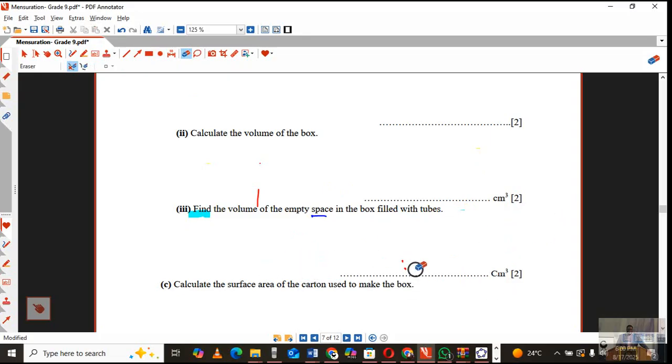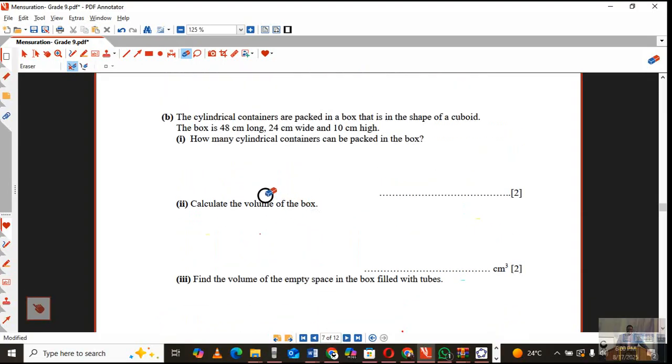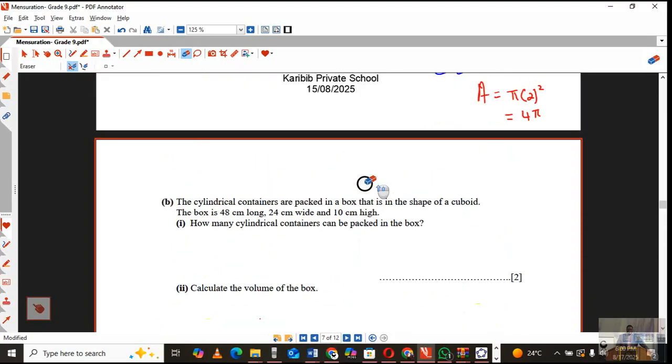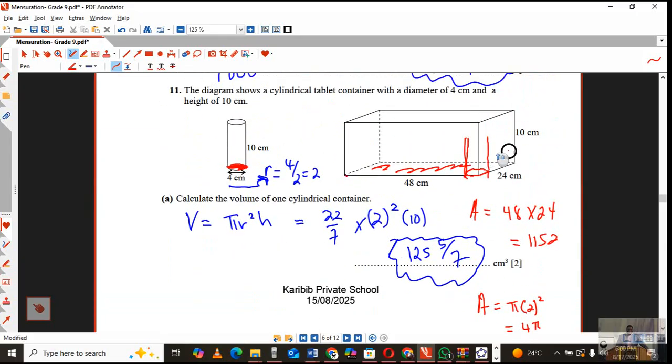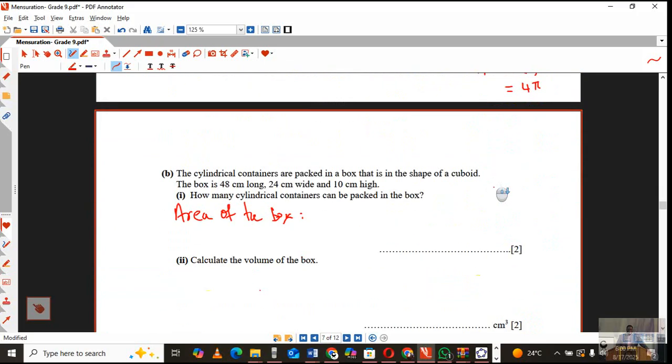So let's just take it step by step. First we find how many cylindrical containers can be packed in the box. Well, we take the surface area of the box at the bottom, where these things will obviously be standing. Remember from what I've done over here, that was 48 times 24, so we got 1152.